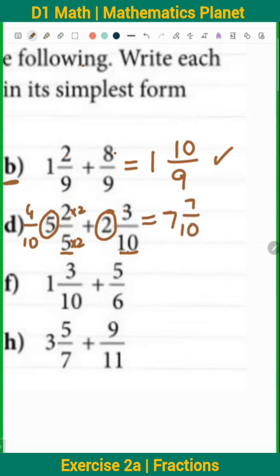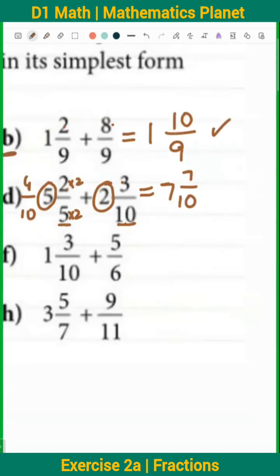Okay. Who is going to work on part F? Yes, Maida. Yes, part F. Miss, we will multiply it by 6 by 10 and 10.